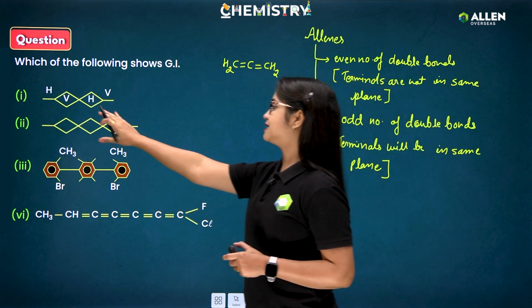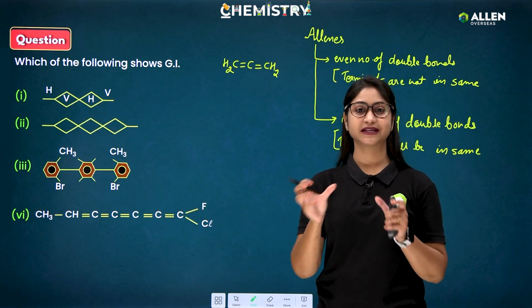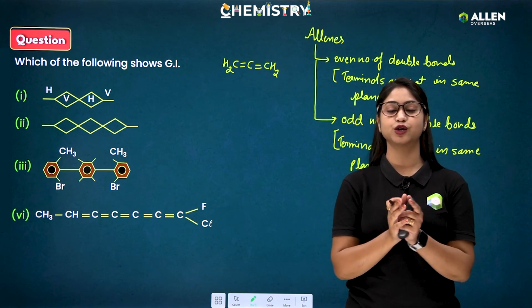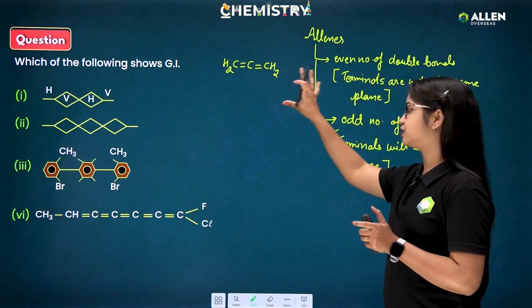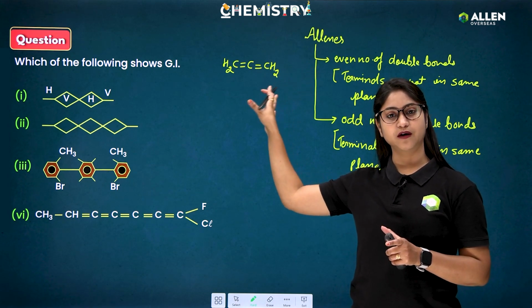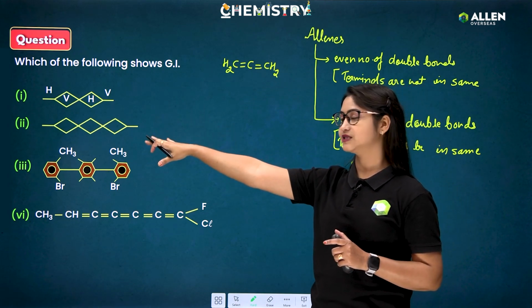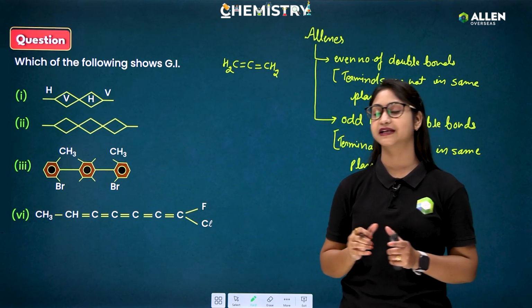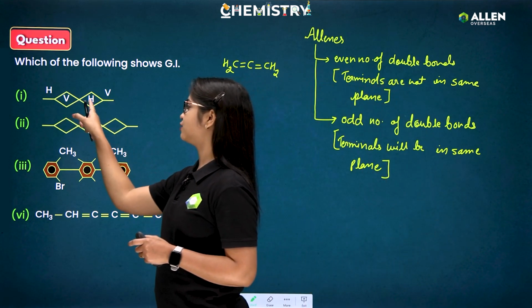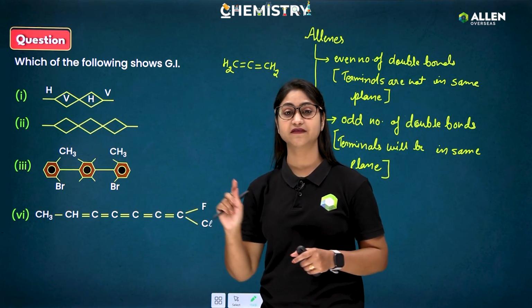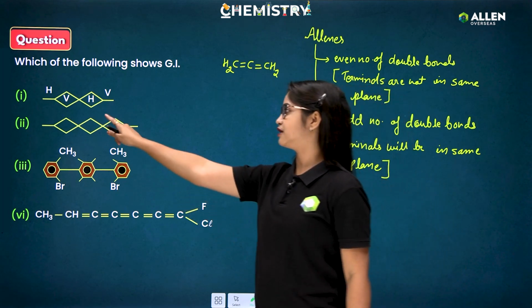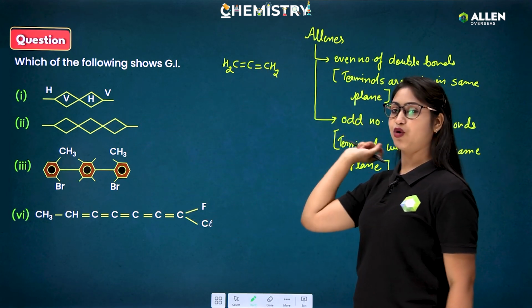So these compounds having rings here are equivalent to double bonds. The same conditions that we follow for allenes, we can follow for such compounds having rings. Here you have an even number of rings, equivalent to an even number of double bonds in allene.